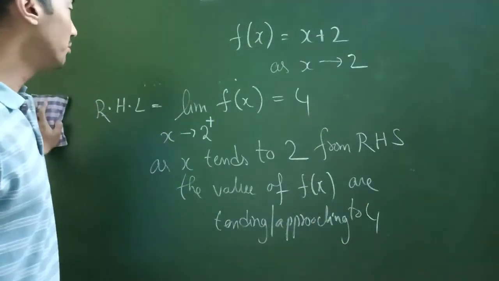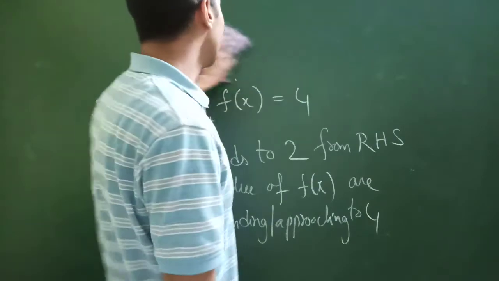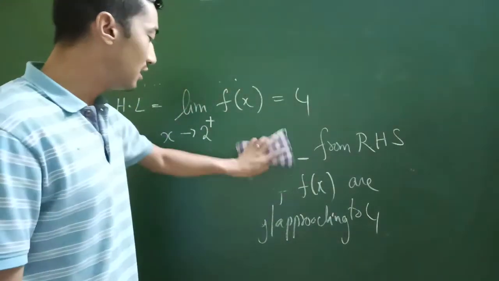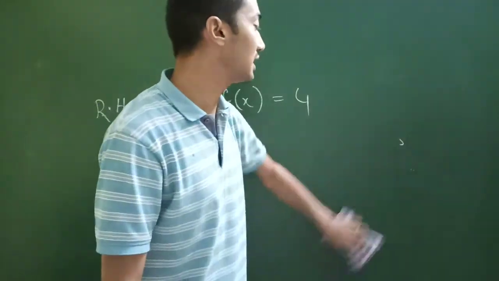So that's what we mean by left hand limit and right hand limit. Another concept that we have is the limiting value of a function as a whole.